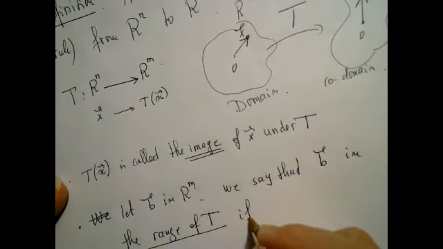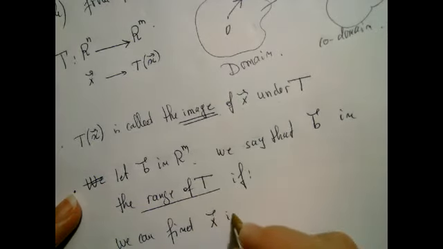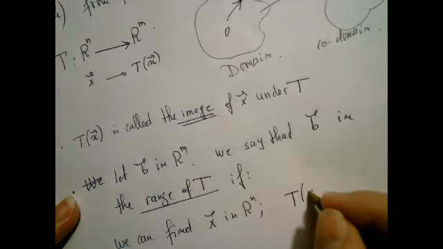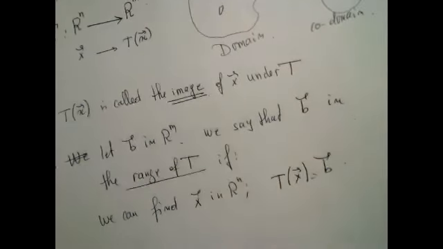What does it mean? If we can find a value x in Rn such that T maps x into b. So we say that b is in the range if it is an output value. It means if there is an input that's mapped into it.